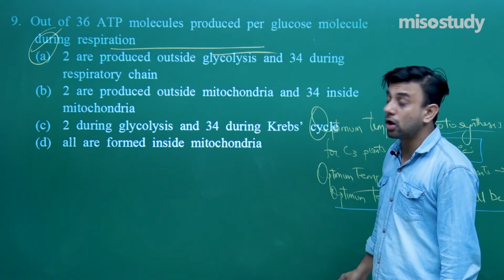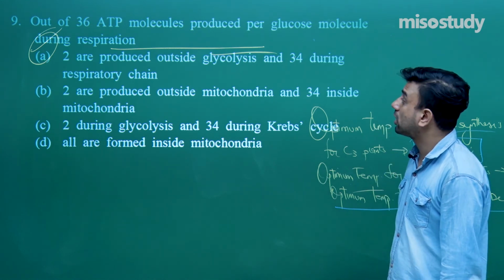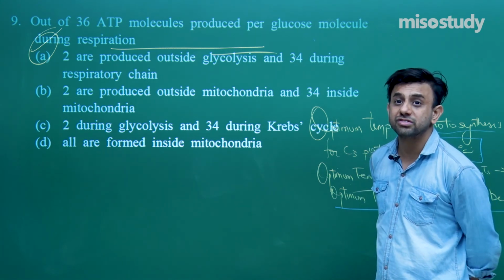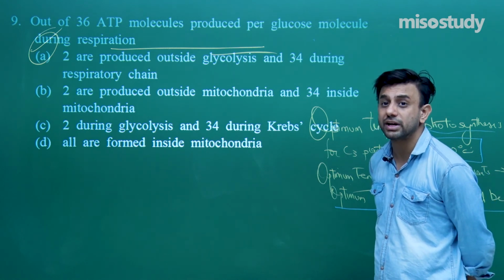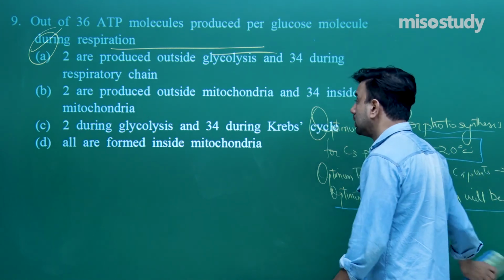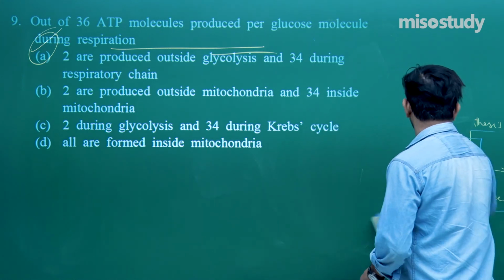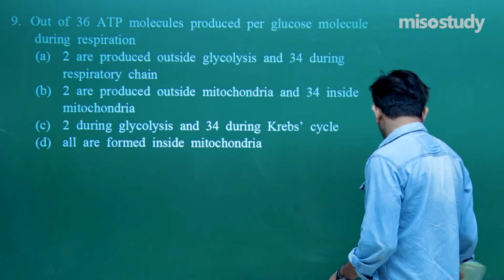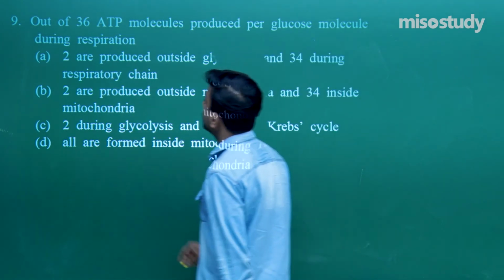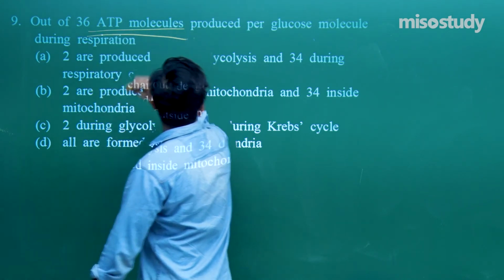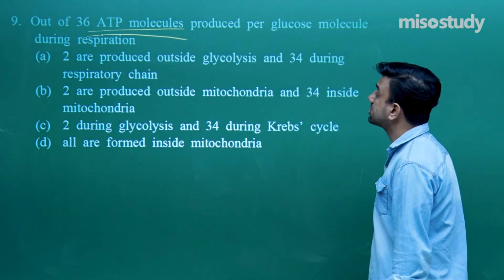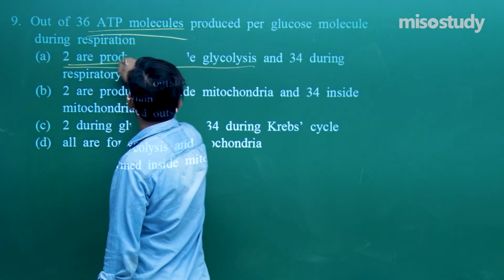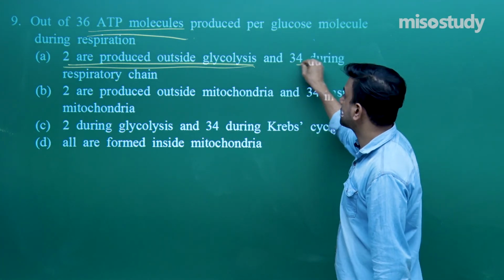Out of 36 ATP molecules produced per glucose molecule during respiration, how many are produced before and how many are produced later on? We all know that out of the 36 ATP molecules produced per glucose molecule, 2 are produced in the cytosol during glycolysis, and 34 during the respiratory chain.